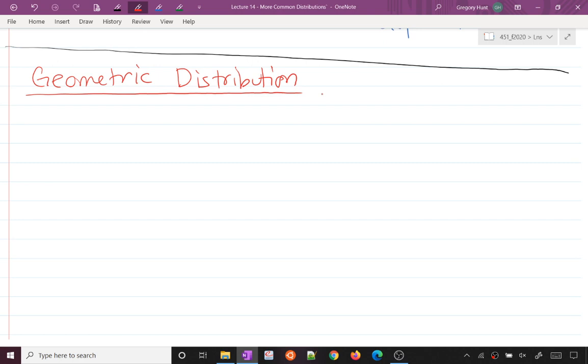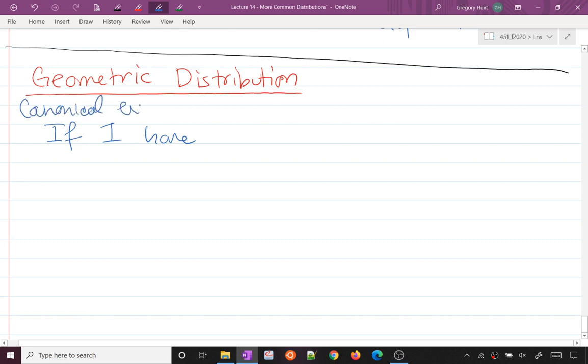And this is a random variable we've seen. We've actually worked with this one before. So let's say this is the canonical experiment.